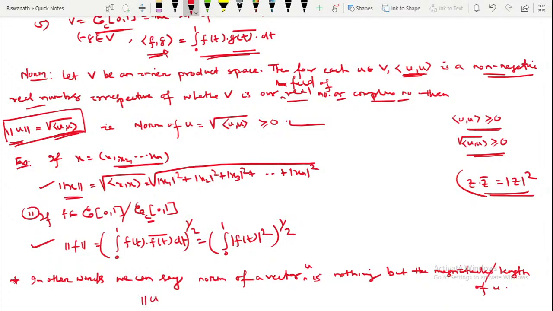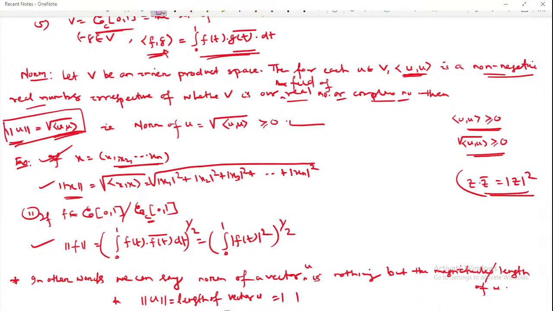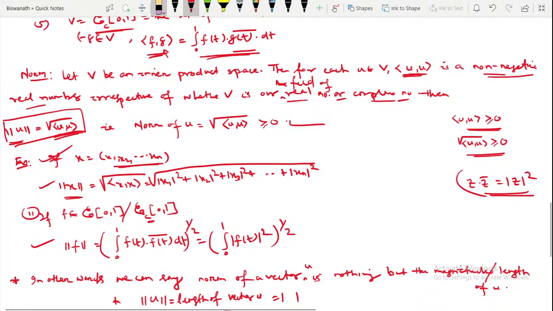So norm of u means the length of u, which is your norm u or mod u.